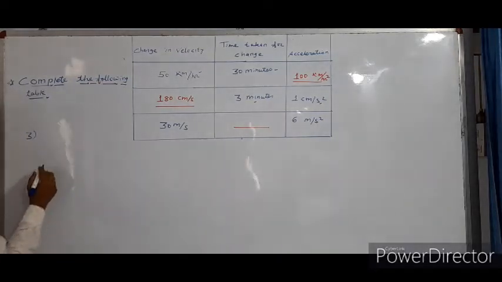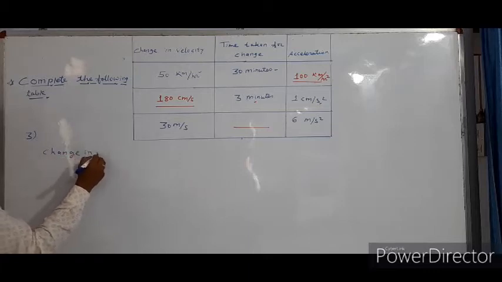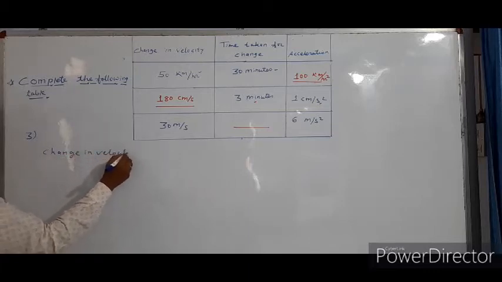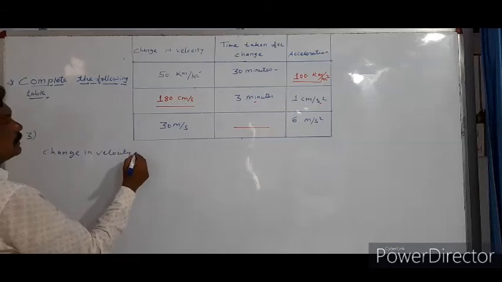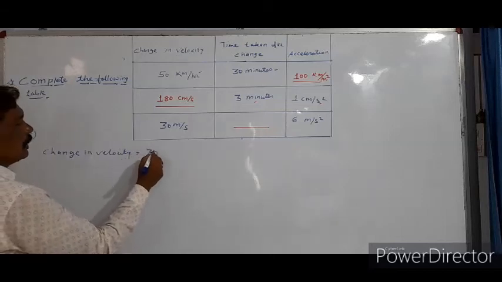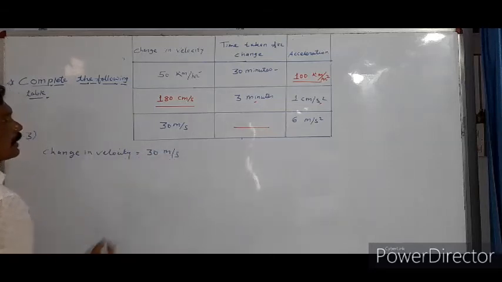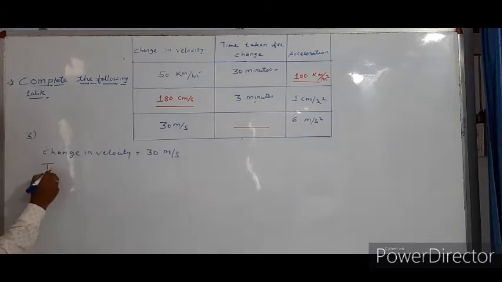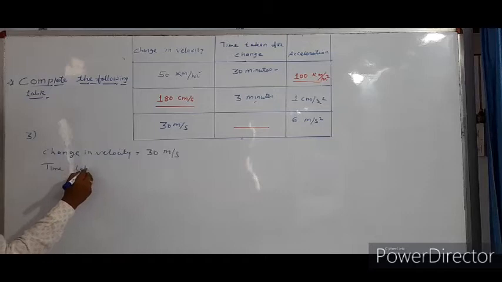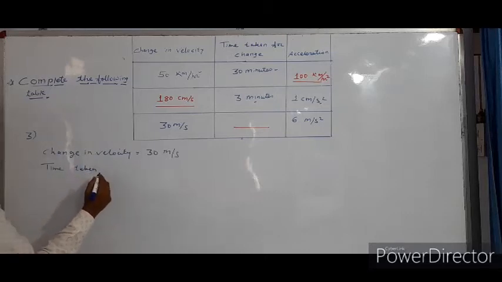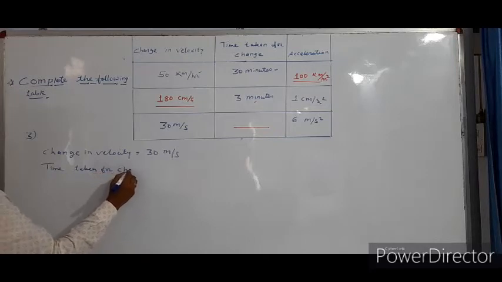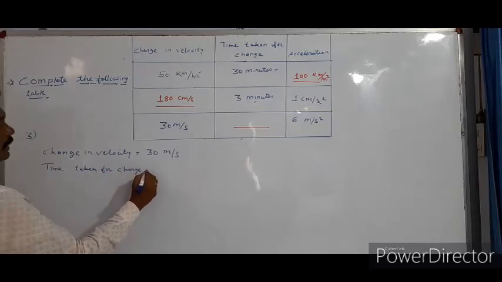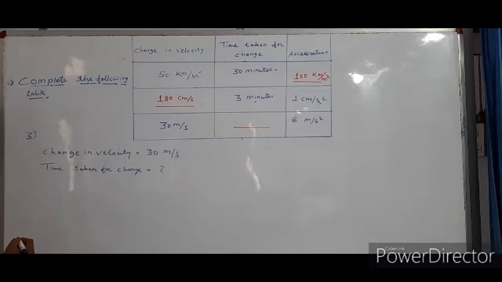Change in velocity is given, that is 30 meter per second. Time taken for change we have to find.